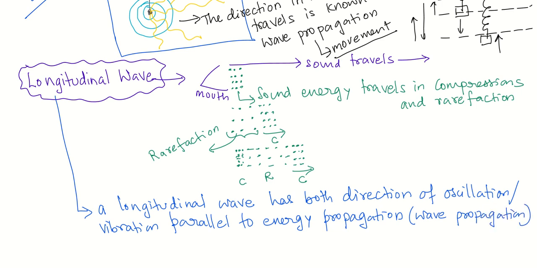Okay, so if you see here, the two directions that we observe are: this is the direction the wave travels, that is the propagation, and this is the direction of the vibration.